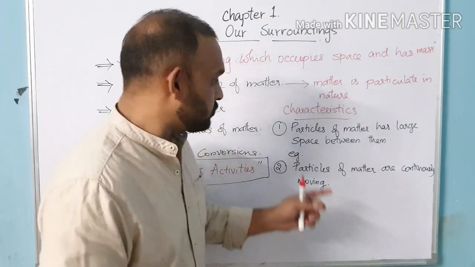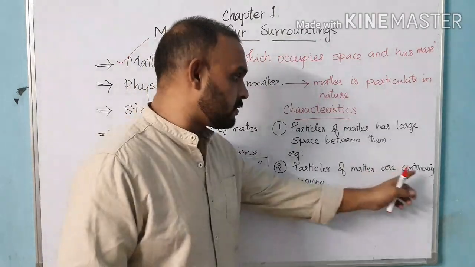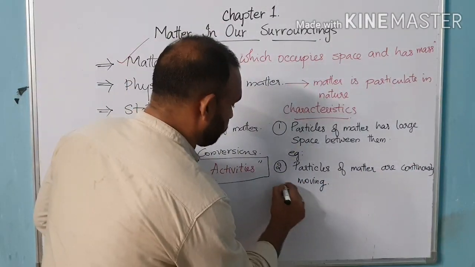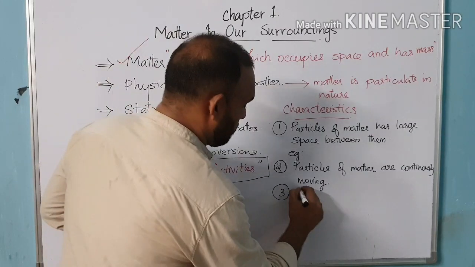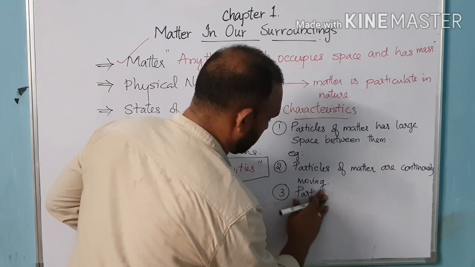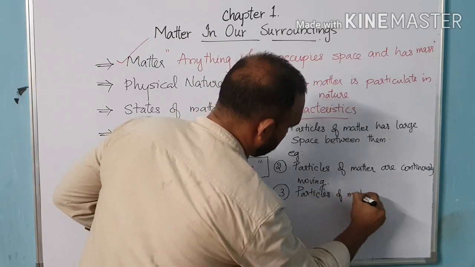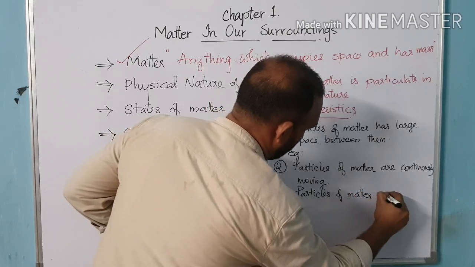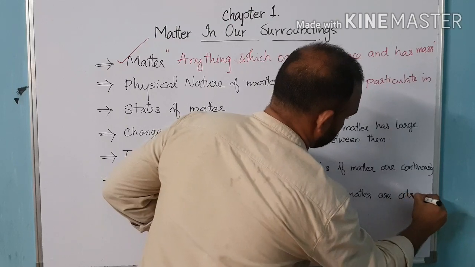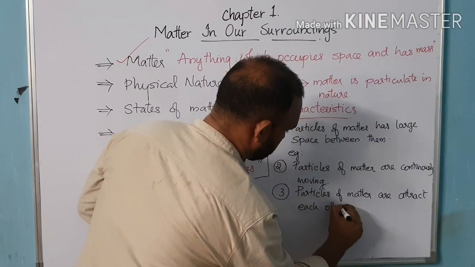It happens because of the second characteristic of matter, that is, particles of matter are continuously moving. Now the third characteristic of matter is that particles of matter attract each other.